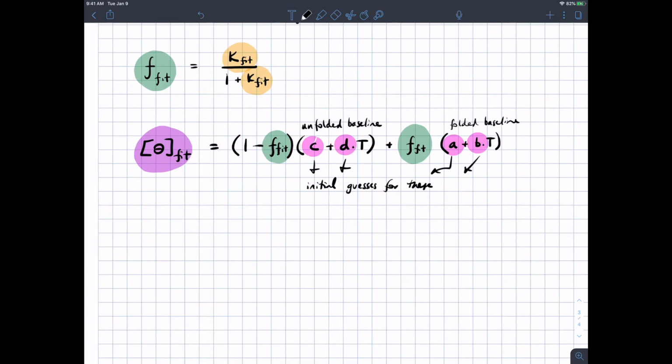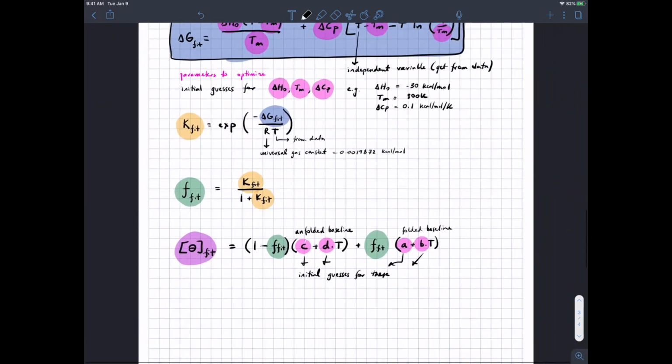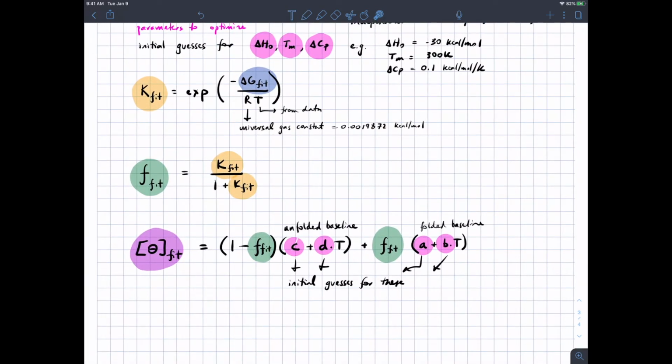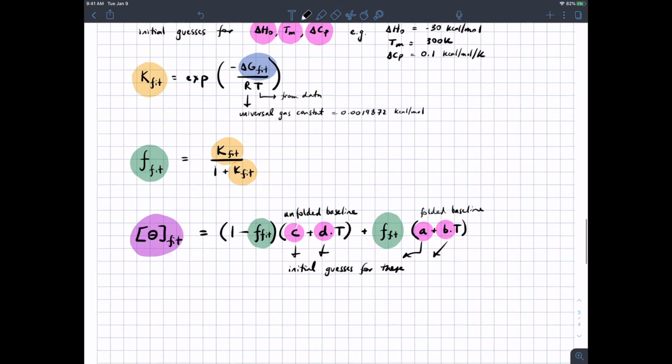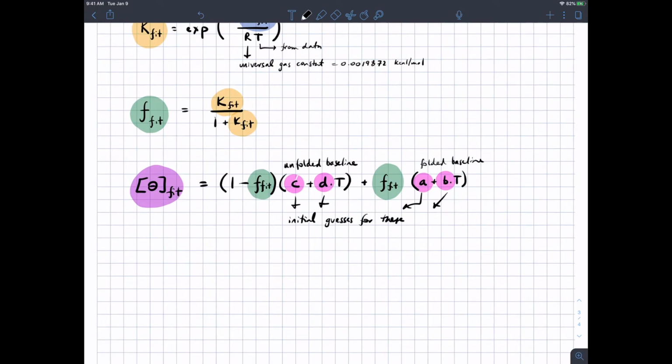Finally, based on our initial guesses for delta H, Tm, delta Cp, C, D, A, and B, that's 7 parameters, we'll calculate this fitted value, and then we're going to compare that fitted value to the actual value that we observe to calculate a residual.